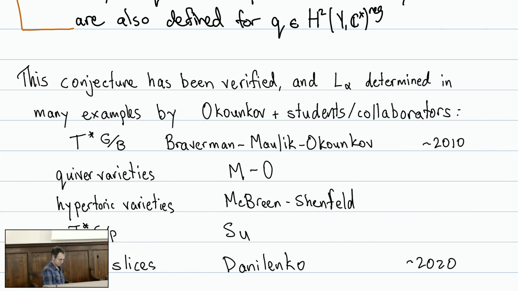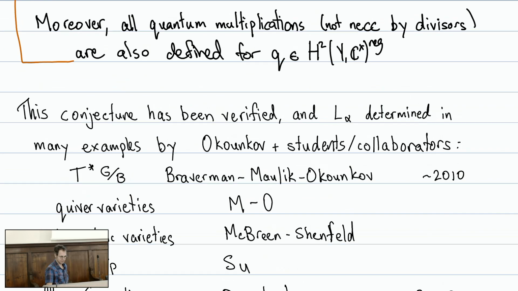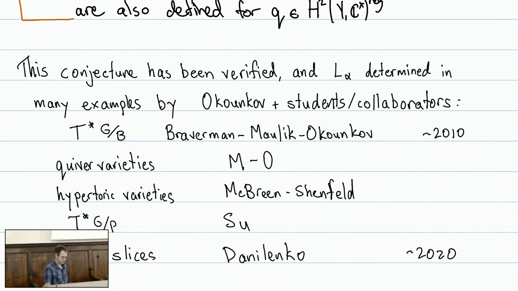And finally, a paper of Danilenko verifying this conjecture for affine Grassmannian slices. And when I say verifying the conjecture, I mean they carried out this program. So they figured out what this set of Kähler roots are, and for each of these Kähler roots alpha, they found L alpha and proved that the main formula above is true.